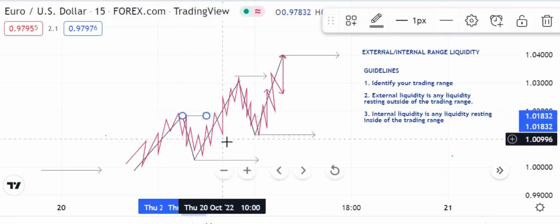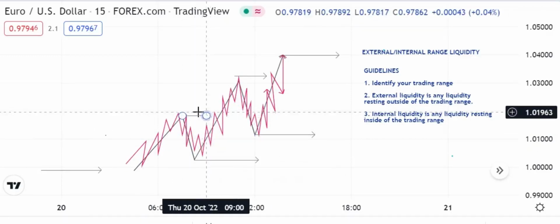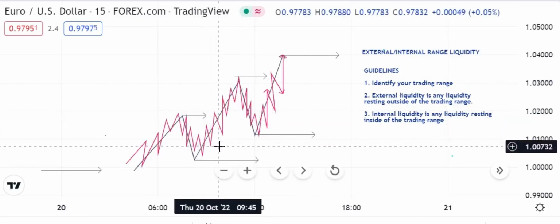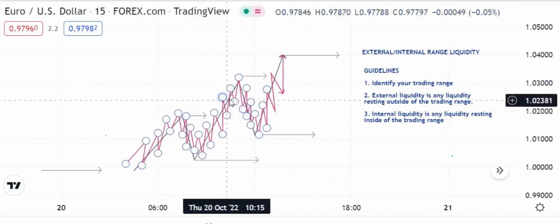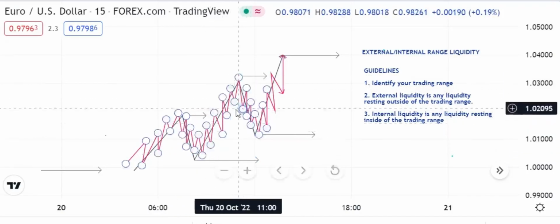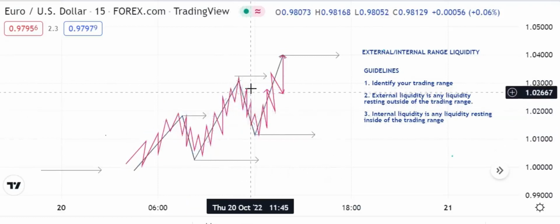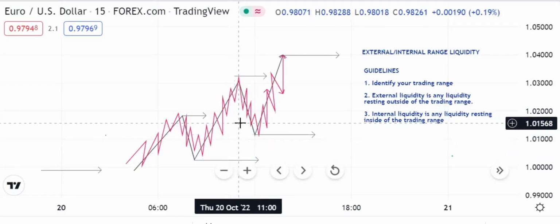As you can see here, here is the break of structure. Where is your high? This is your high after the break of structure, and this is the low after your break of structure. So your high and your low is your trading range. Anything in between your swing high and your swing low is your trading range.